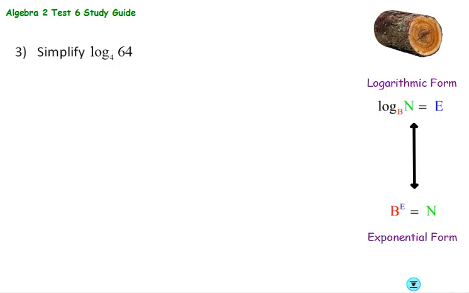All right, so this says simplify log base 4 of 64. And you'll notice what's different here is that it doesn't say equals and then, who knows what. So this is actually written in kind of a shorthand way. What this is really saying is, 4 to the what power makes 64?